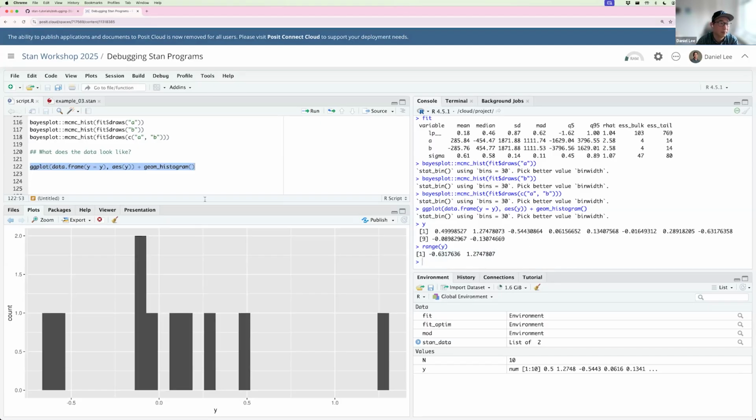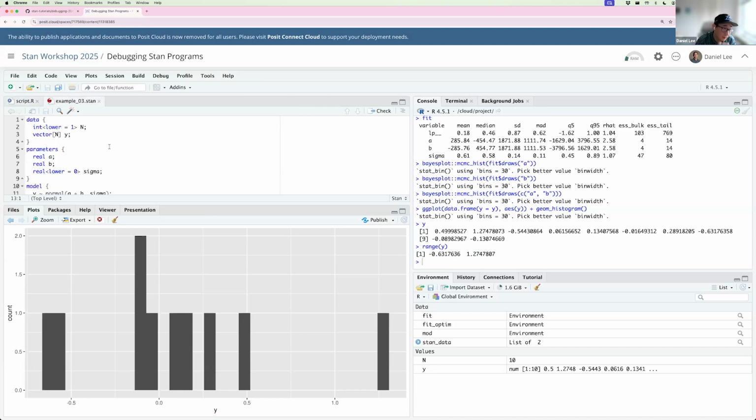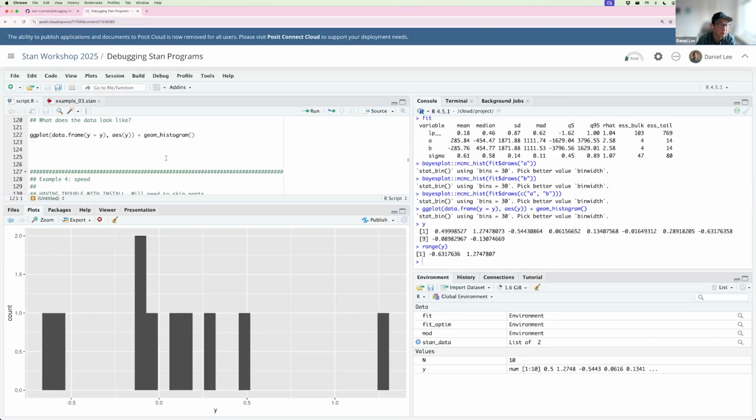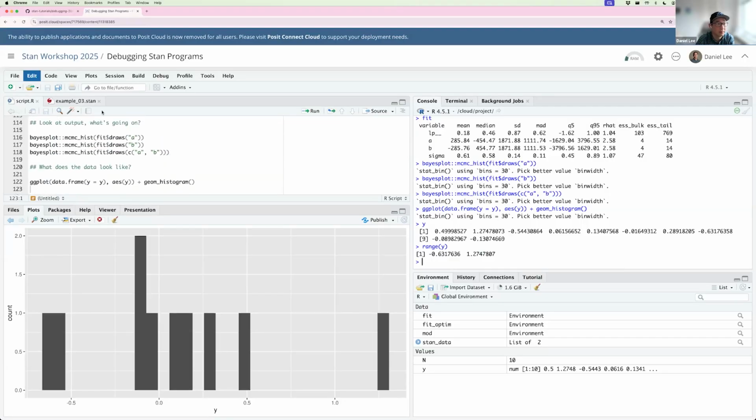There's no reason for any of these mean parameters to be estimated at 200. Anyone have any ideas of how to make this work?